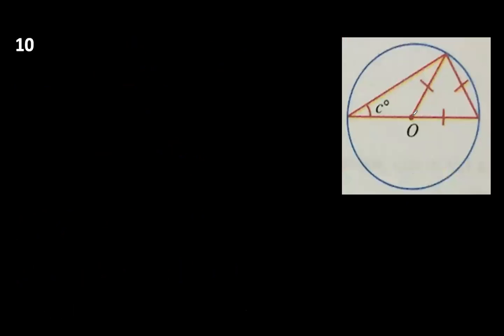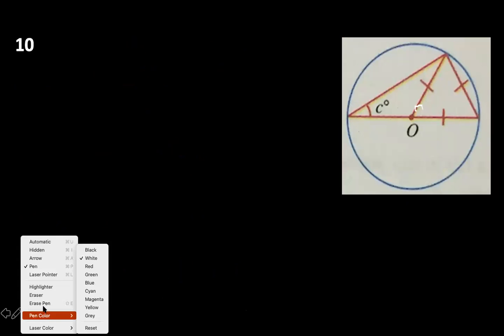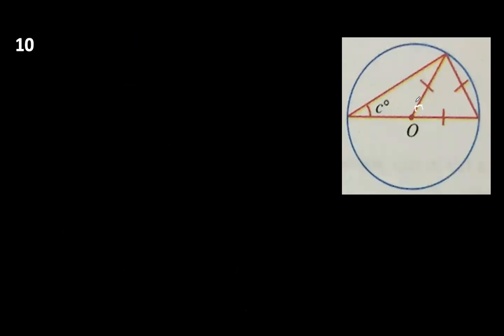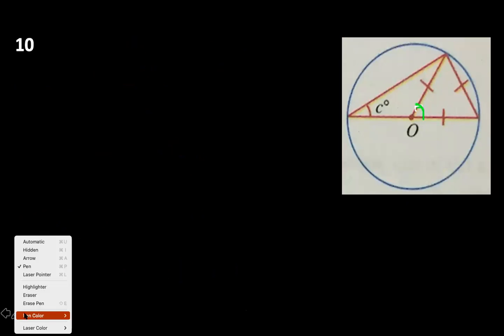Now, given a circle O with an inscribed triangle, and this is a diameter, and a given equilateral triangle. And also, this angle, sorry, let me change the color. The given angle is a central angle, right?